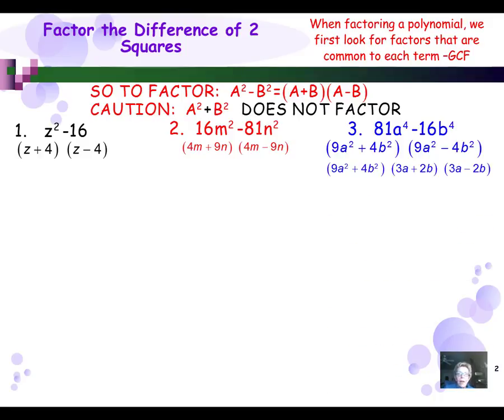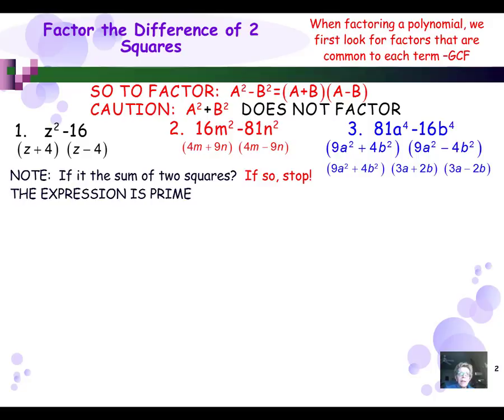So now I have 3a plus 2b and 3a minus 2b. Let me give you a real-life example. If I ask you to factor 12 and you just told me it was 4 and 3, you haven't factored it completely. So in this example, you have to factor the right-hand side another time.